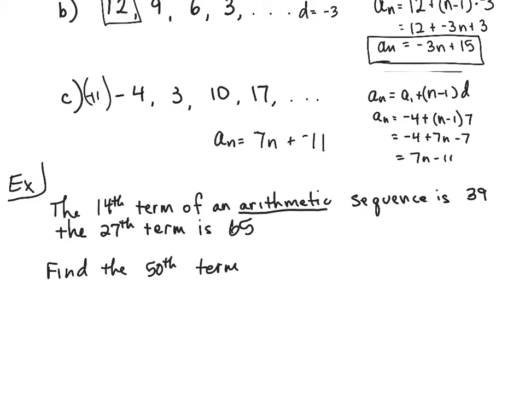And it can be represented using an explicit formula that resembles a linear function, y equals mx plus b. And that's the direction we're going to want to head here. In order to find the 50th term, we essentially need the explicit formula, or the nth term. We need the explicit formula, a sub n.